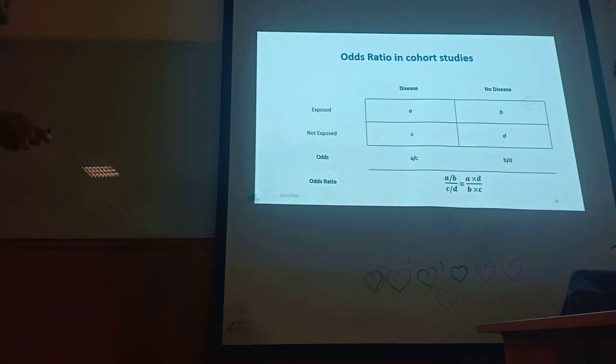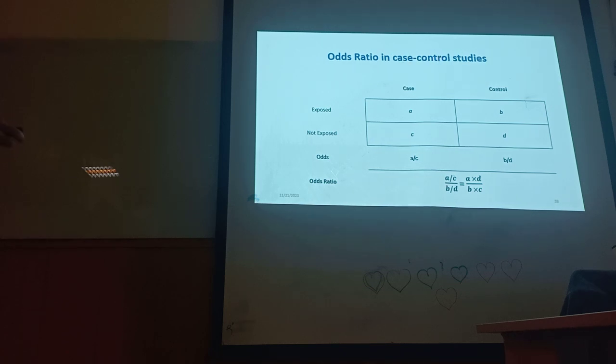So this is again in cohort studies, exposed and not exposed group, and disease and not disease. So odds ratio is A multiplied by D divided by B multiplied by C. This is calculation of odds ratio in cohort studies.